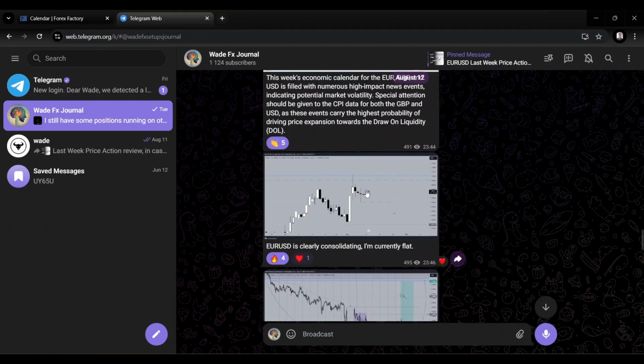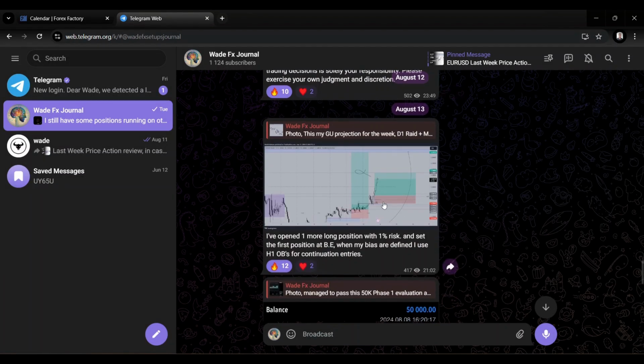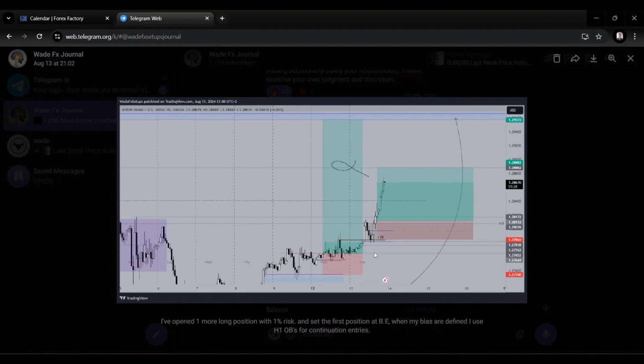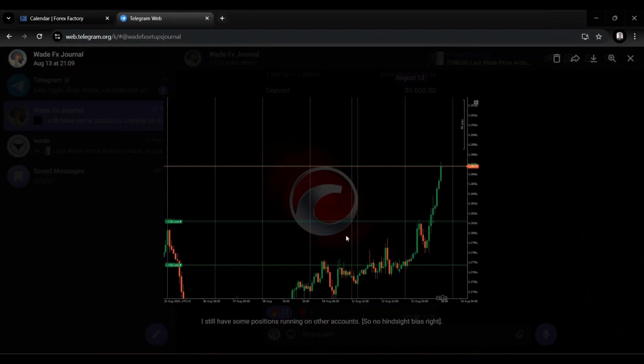I also shared the analysis and the GBPUSD trade. This was the GBPUSD trade that I shared before anything unfolded. This was Monday. I also shared the second position that I took, and the confirmation that I took all these trades, and I took them on this platform also.